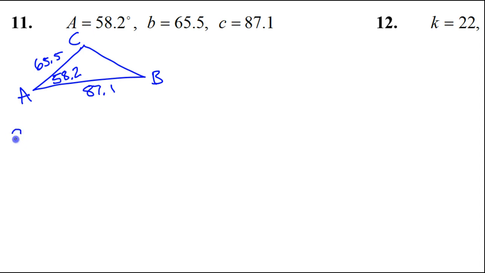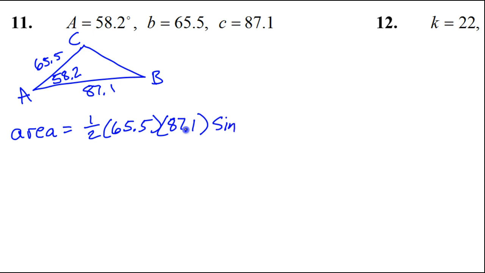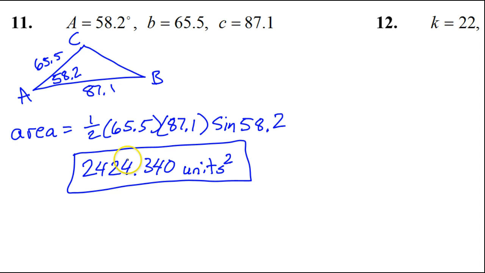So I can use the area formula for side angle side, which says area will be 1/2 one side times another side times the sine of the included angle. So really just put this in your calculator. I'm getting 2,424.340 square units.